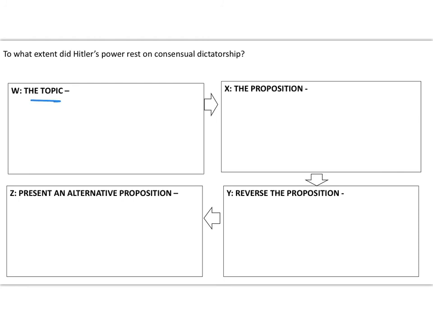The topic is Hitler's power. The proposition is Hitler's power was caused by consensual dictatorship. Reversing the proposition would be consensual dictatorship did not cause Hitler's power. An alternative proposition would be Hitler's power was caused by other things.